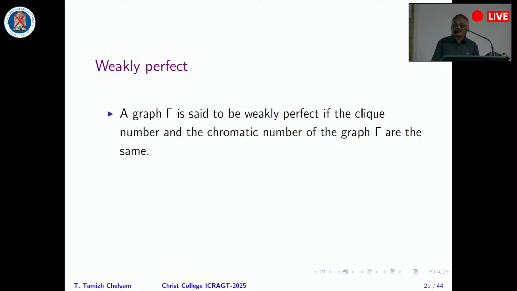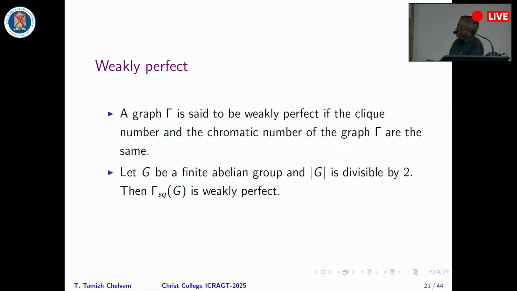Maybe my observation is that all these constructions are not taking the entire algebraic structure into consideration. It is only partial consideration. Maybe the complicated part is not getting into the graph theoretical part. Ultimately this happens, I feel so.